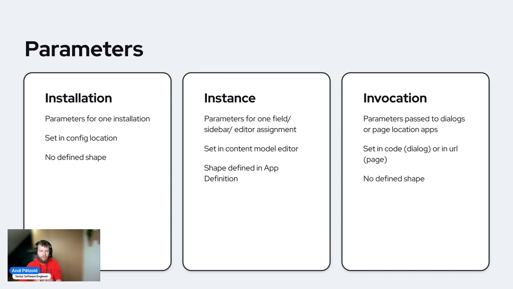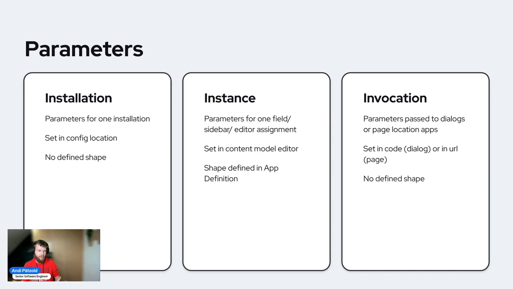And last but not least are the invocation parameters. Those only exist for dialogs and page locations. For dialogs, when opening a certain dialog, they allow you to pass parameters through, passing things from the field to the dialog. And for page location, it allows you to get some information about the current URL and access that via those invocation parameters.